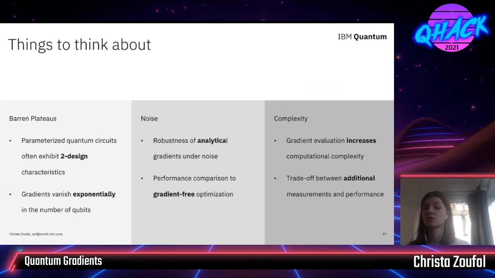And most of the times, this brings me to the third point, the complexity for those methods is smaller than for the gradients itself. So we also need to evaluate this. What's then really the complexity? How does it increase? And eventually also, what's the trade-off between this additional complexity, those additional measurements and evaluations that we have to do, and what does it bring us in terms of performance?